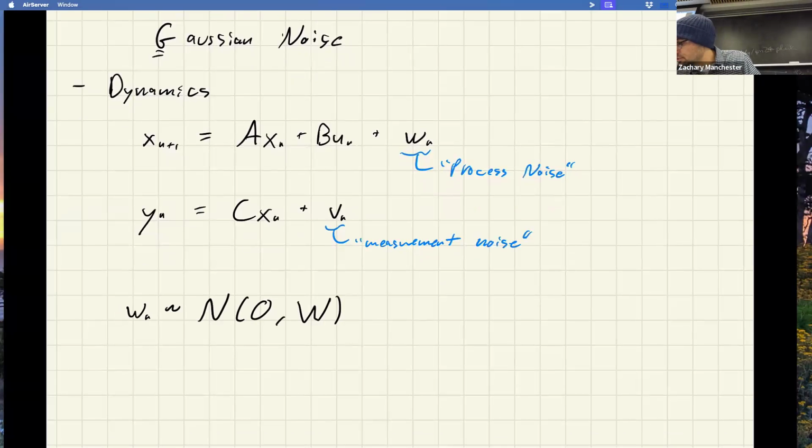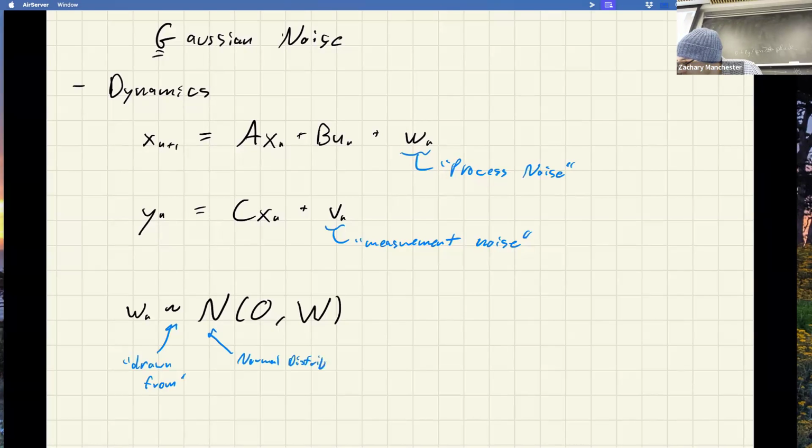Most people, yeah. So this means drawn from, and then this is normal distribution, Gaussian. And same thing over here for the v's.